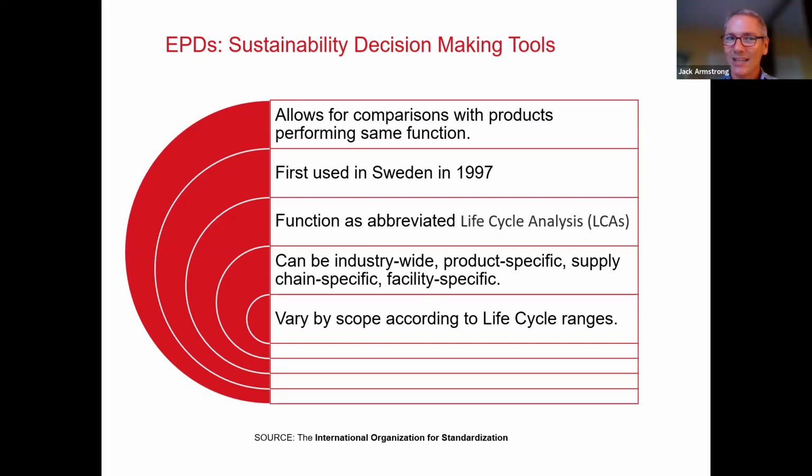But in short, an EPD is your friend because it allows you to take a quite complicated life cycle analysis report, which could be hundreds of pages, and simplify it down in a Reader's Digest condensed version, Cliff Notes version, to the most important environmental product declaration information that typically is done anywhere from, say, 3 or 4 to, say, 5 to 8 pages.